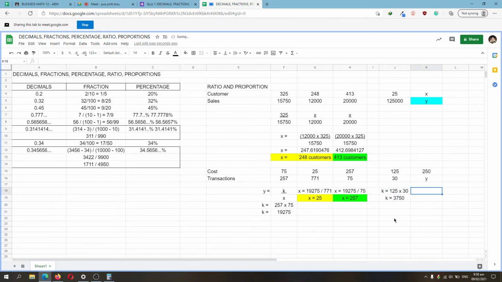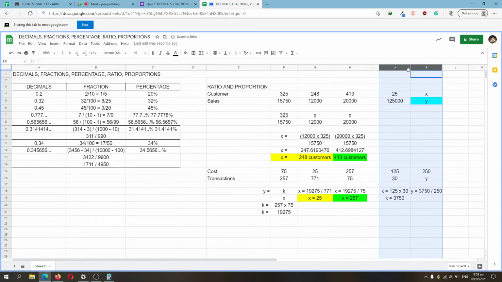Ayan. So, kukunin natin yung Y natin. So, para makuha natin yung Y, that is Y is equivalent to 3,750 divided by 250. Okay.